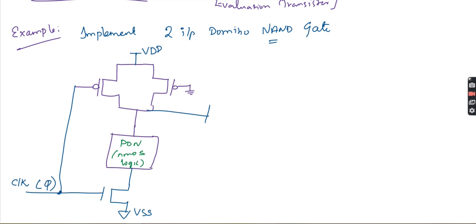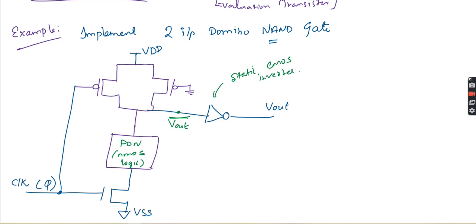At the output, I will connect one inverter. So this is a static CMOS inverter. Now we can take the output here. This will be your Q bar. Actually, this output is supposed to be V out bar, and then this is V out.